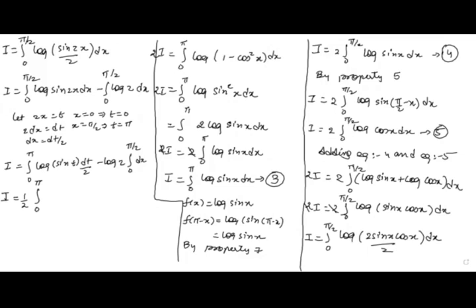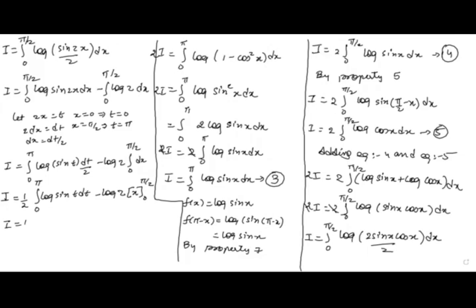And again, I will replace this. I can replace this t by any variable. You know that this is the property of integration, that I can write this variable t as variable p, variable s.